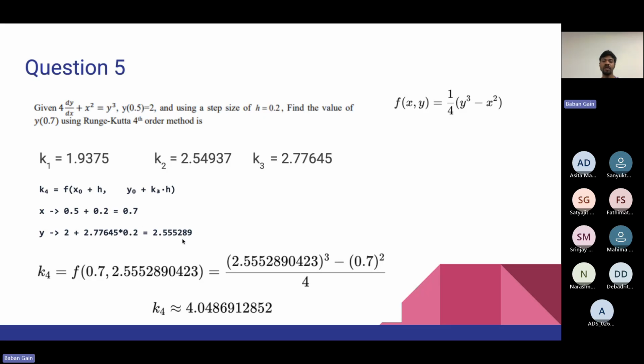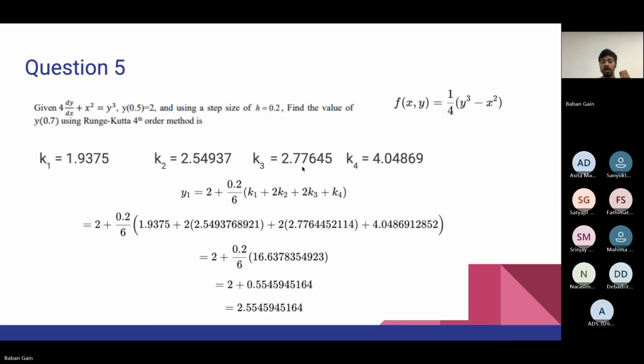So the final value is 2.555. And again, you will use y cube minus x square, and you will get 4.0486. So these four are the values k1, k2, k3, k4. Then how to aggregate all of them?